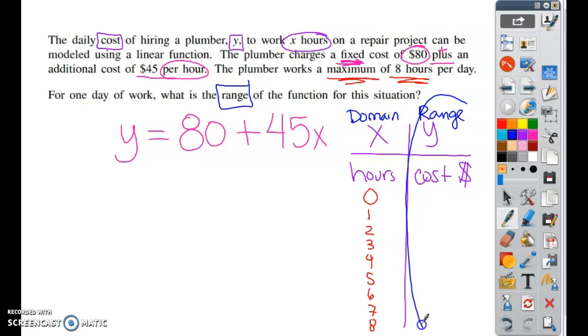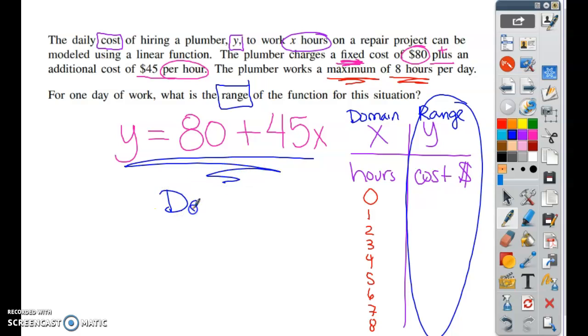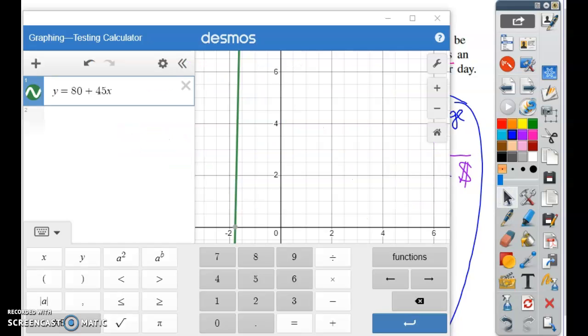So they're asking me for this right here. I don't know it right now, but I can figure it out by putting the equation in Desmos and going to look at 0 all the way to 8. So pause the video, put it in Desmos, and go find me the range of this. Okay, so you should have paused the video, you type the equation in there, and you open up the table for that one.